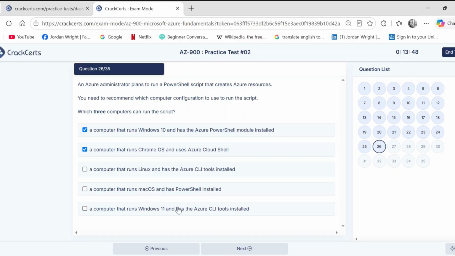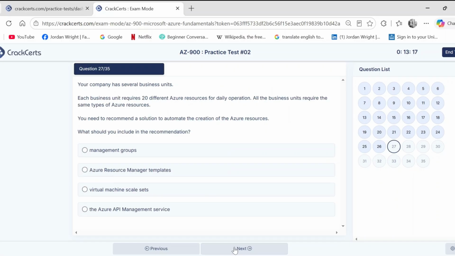I don't think it needs Windows 11. Yeah, number 4. Okay, I'll go with that. Let's see how it goes.